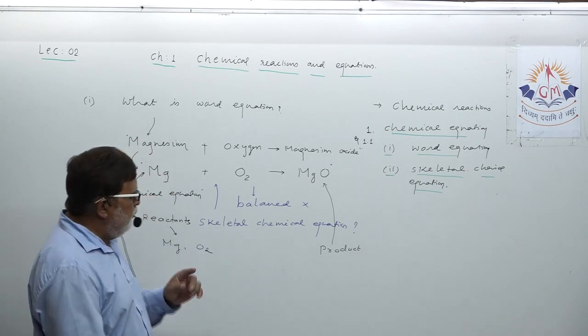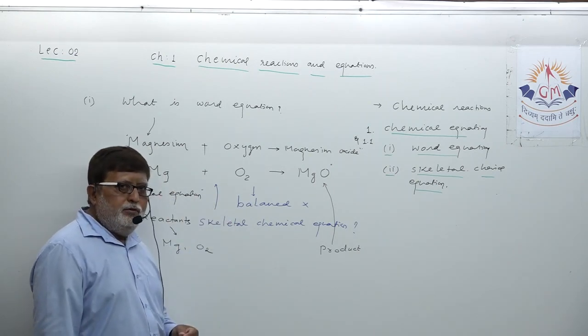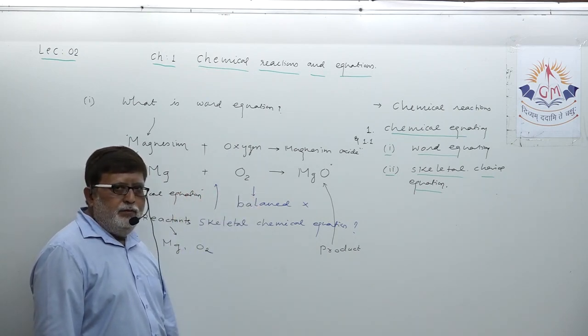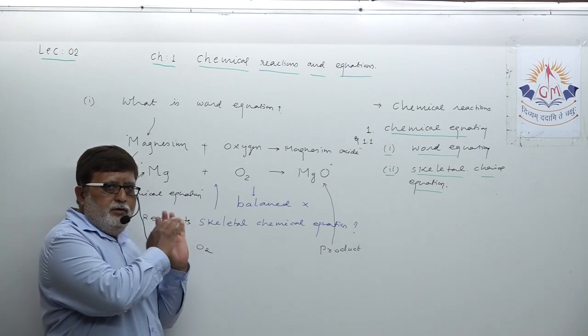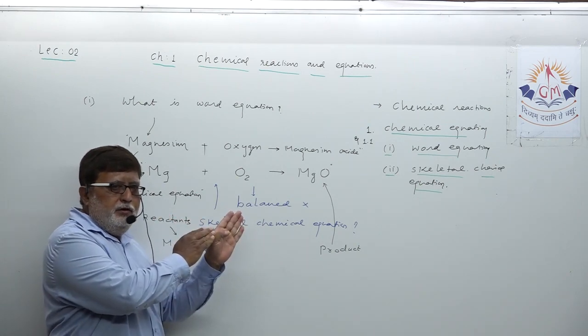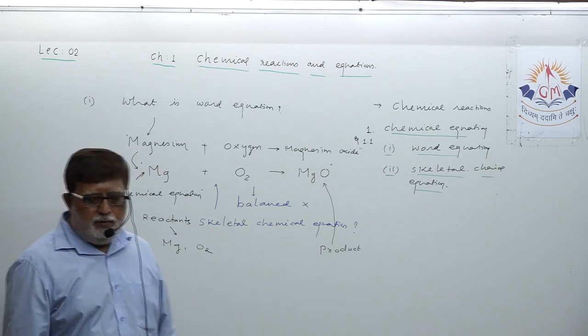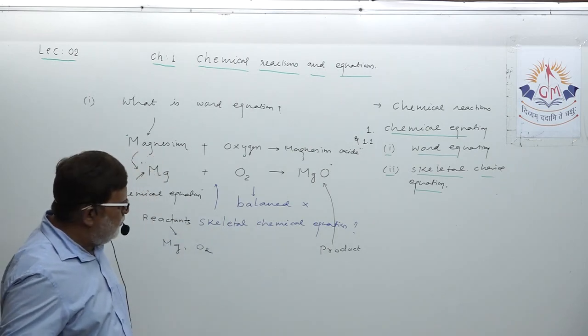Here the flow of the reaction means magnesium and oxygen react and form magnesium oxide, means the flow of the reaction is from left hand side to right hand side. Okay.